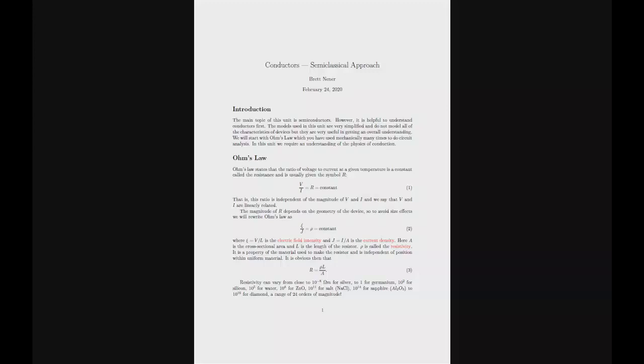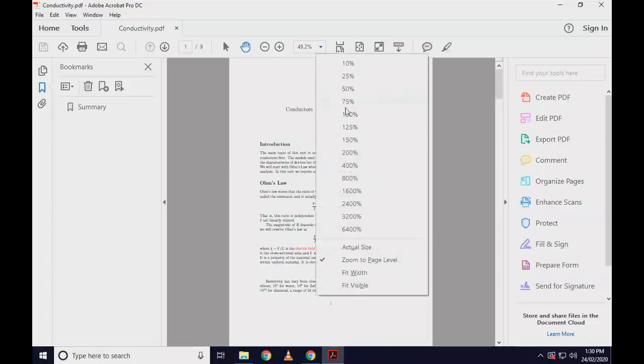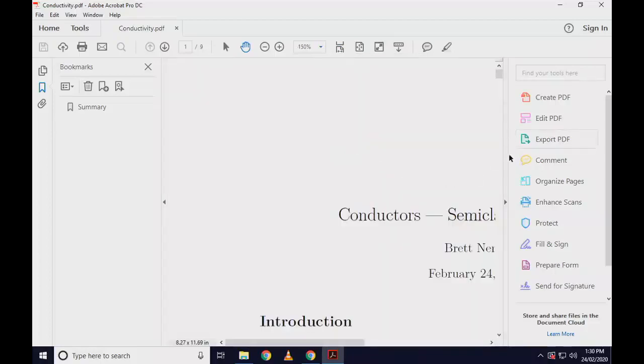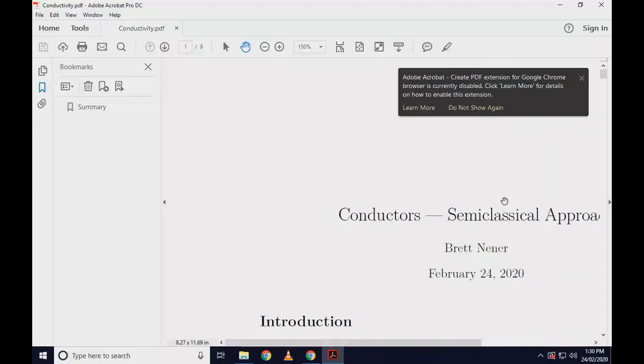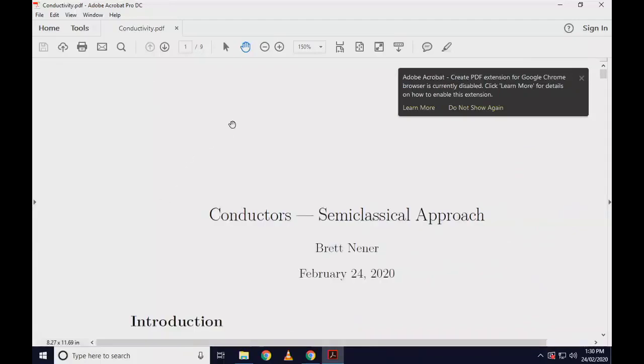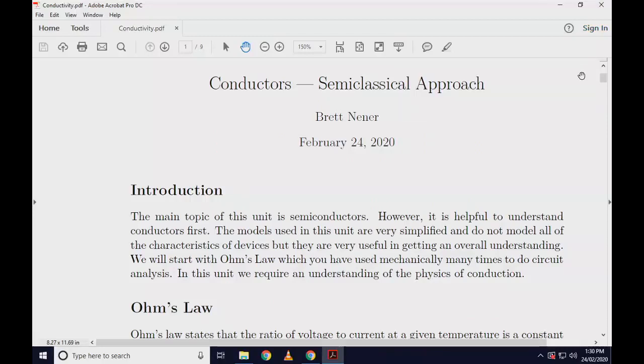So can you guys read this at the back? No? Okay. Can you hear me from the back? Yeah? Okay, good. All right, so we're going to have to abandon this and do something like this. Get rid of this. And this. All right. So can you read that at the back?